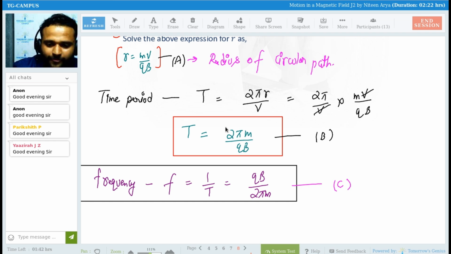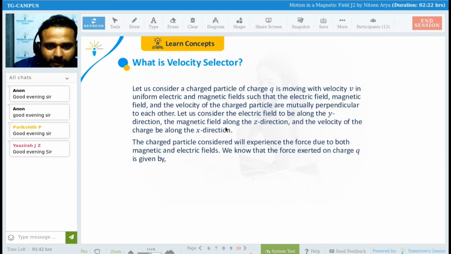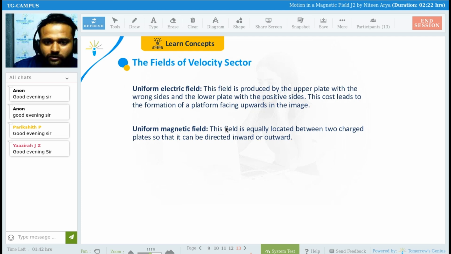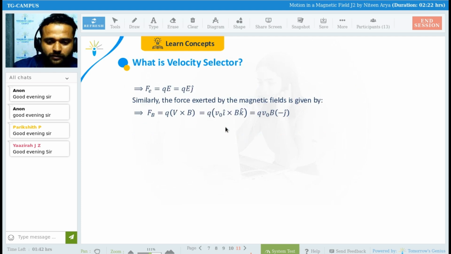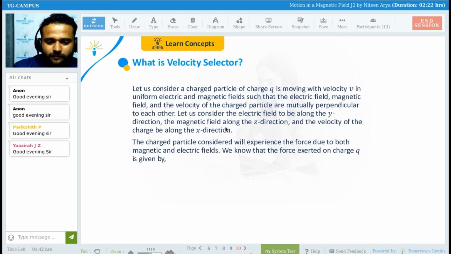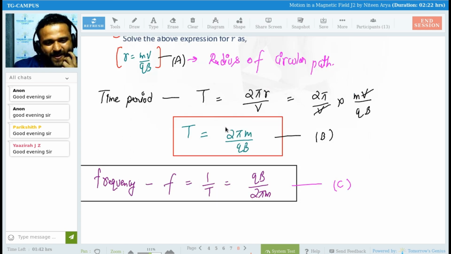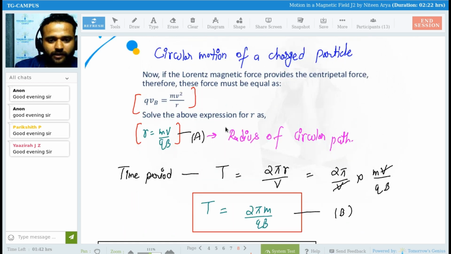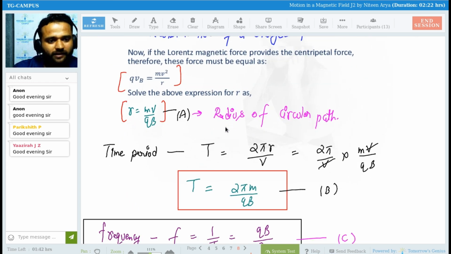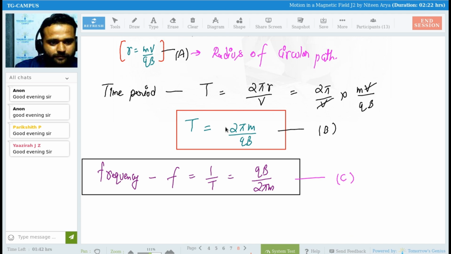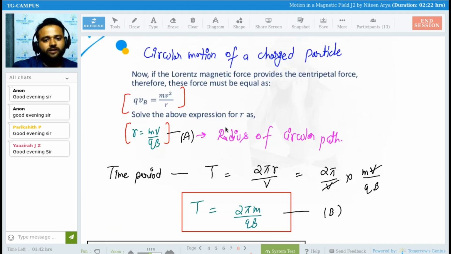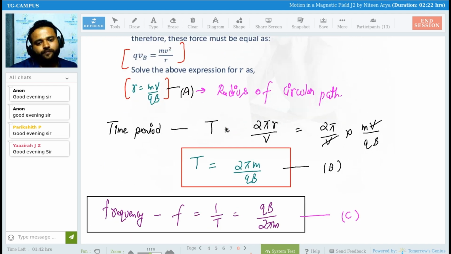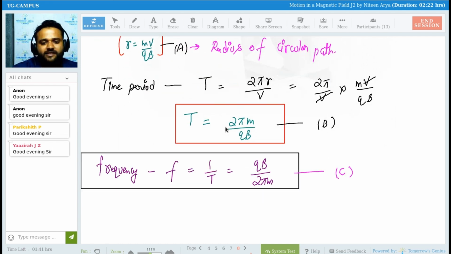Clear? Okay, let me check whether they talk about the helical path or not. Not. So I give it to you guys here then. So there is one change only. You understand what is going on here? Clear? So the radius is mv by qB, and the time period is 2 pi m by qB, and the frequency is this.